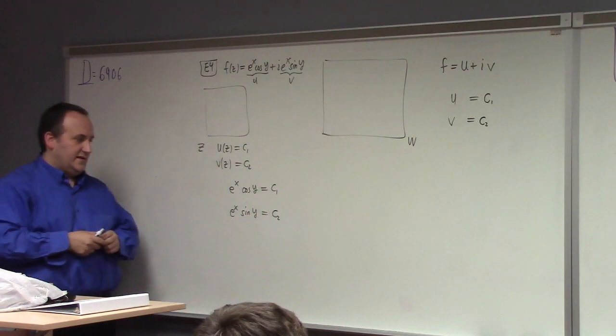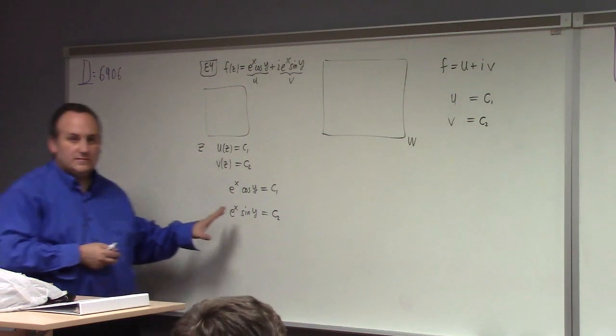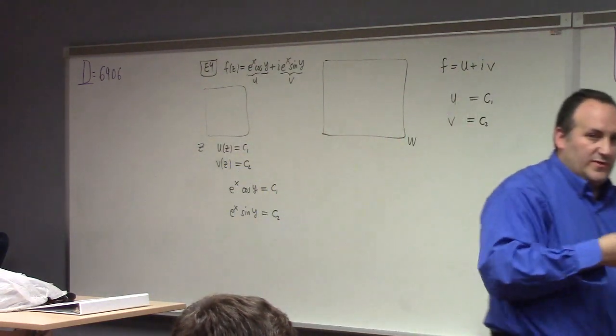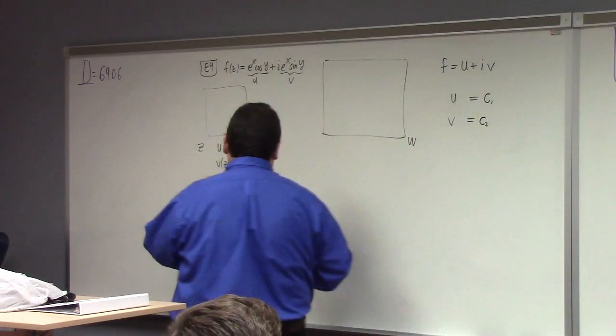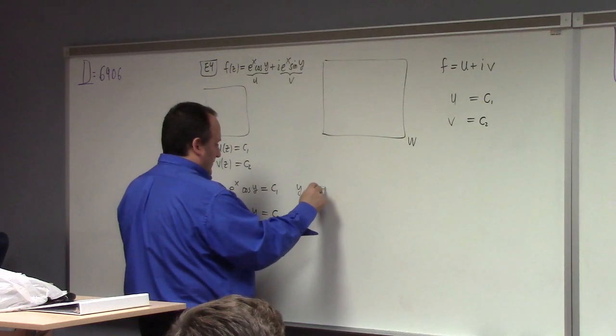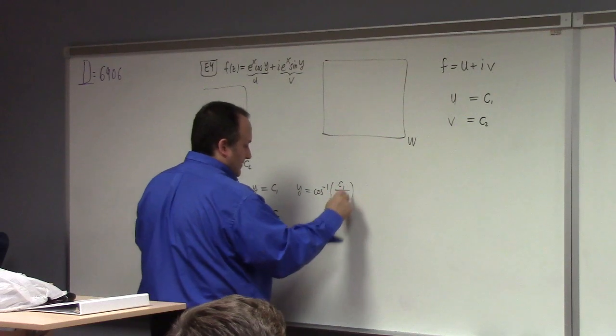Honestly, I have no earthly idea what that looks like. They're level curves. It's a formula with x and y set equal to a constant, so it defines some curve. I could solve this as y equals inverse cosine of c1 over e to the x.